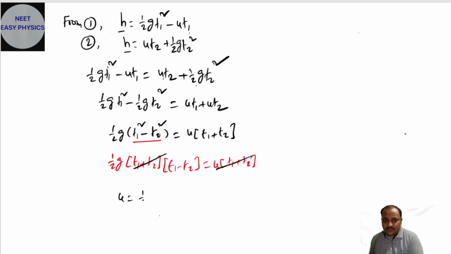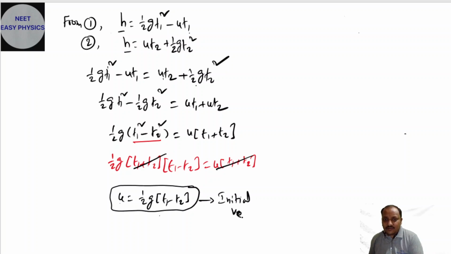What is u you got? u is half g (t1 minus t2). This is the equation for initial velocity they will ask. How they will frame the question we will see. This is how you got u.